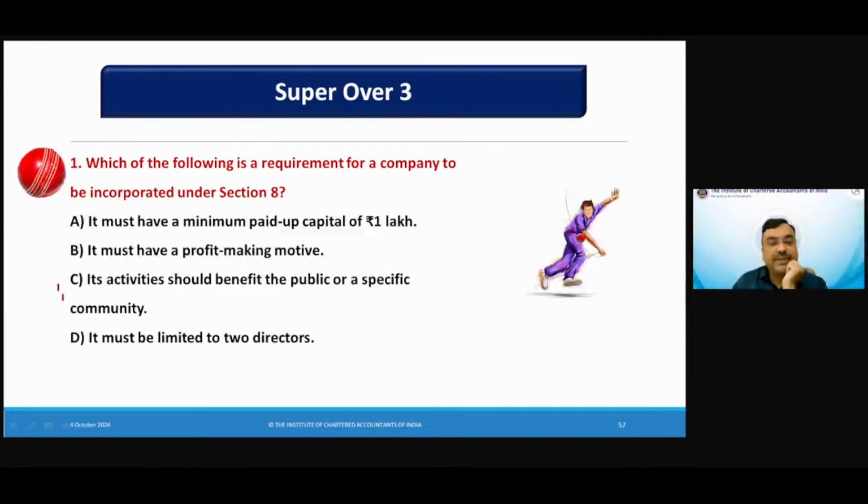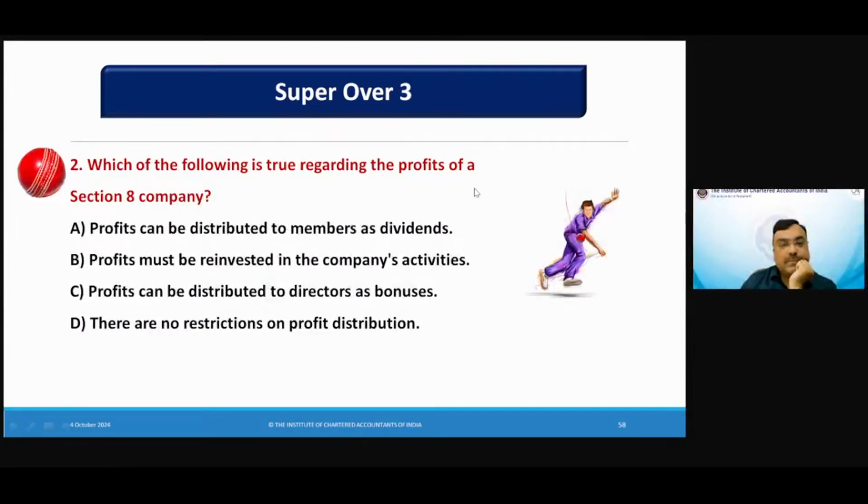Its activities should benefit the public or a specific community. Which of the following is true about the profits of Section 8 company? Profit must be reinvested in the company's activities.